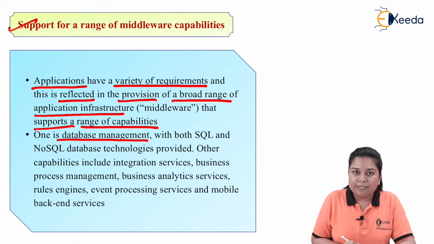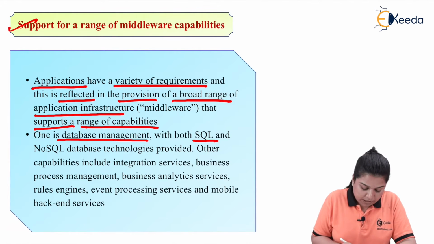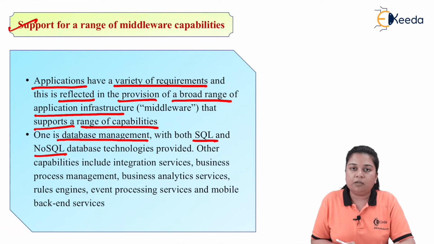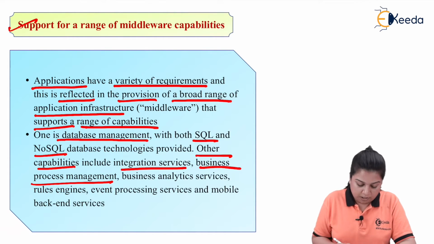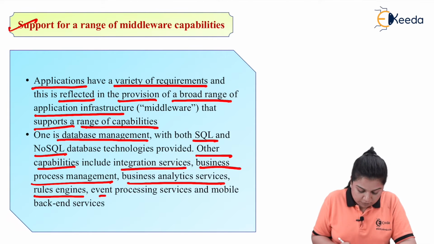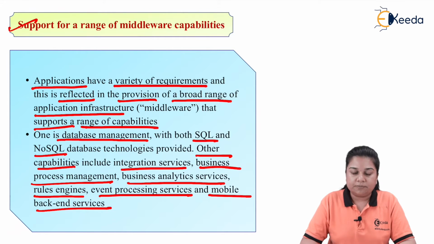One is database management, with both SQL and NoSQL database technologies provided. Other capabilities include integration services, business process management, business analytics services, rules engines, event processing services, and mobile backend services.